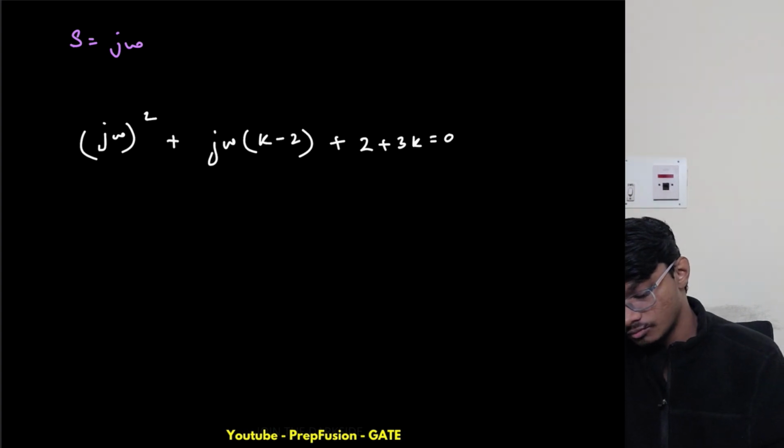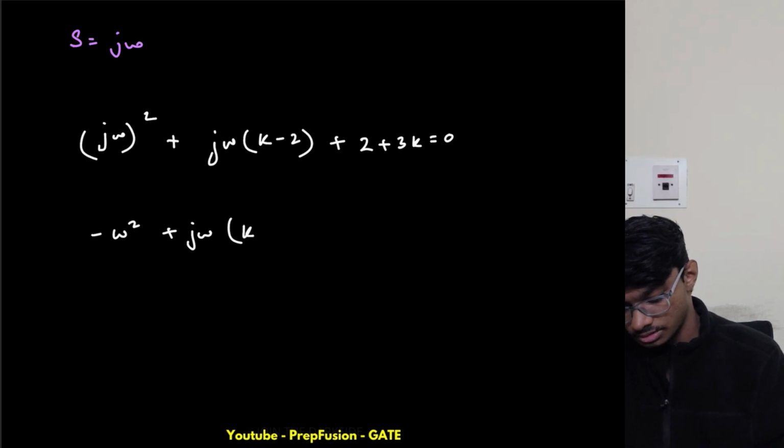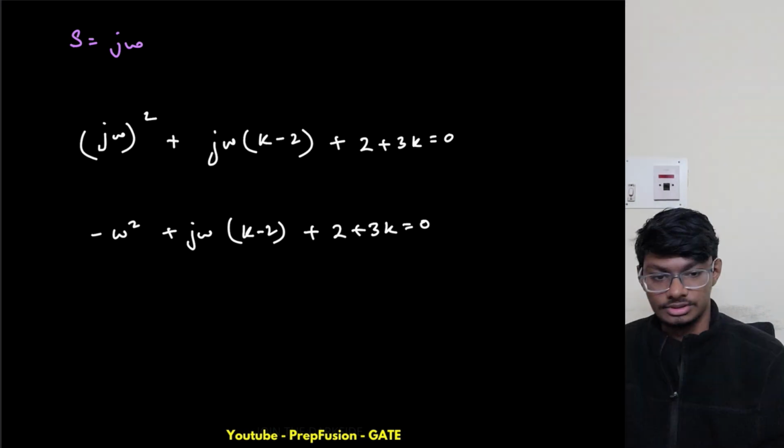Now what does this become? This becomes minus omega square plus j omega into k minus 2 plus 2 plus 3k equals 0 itself.